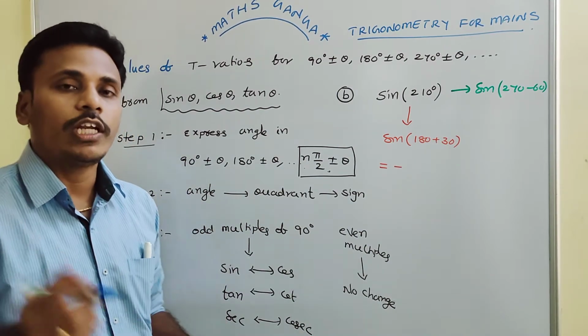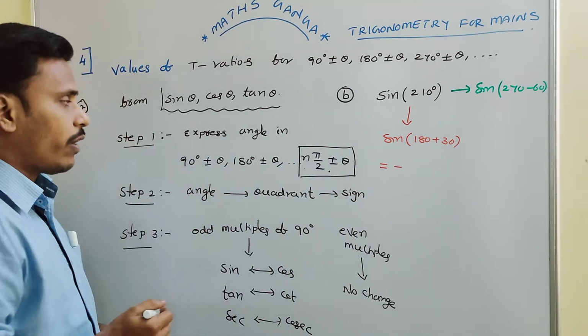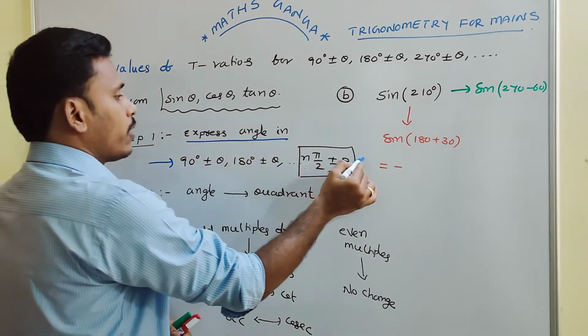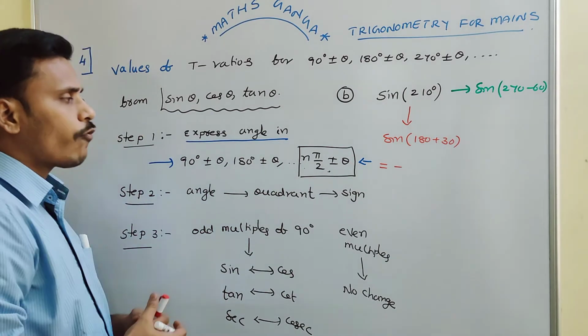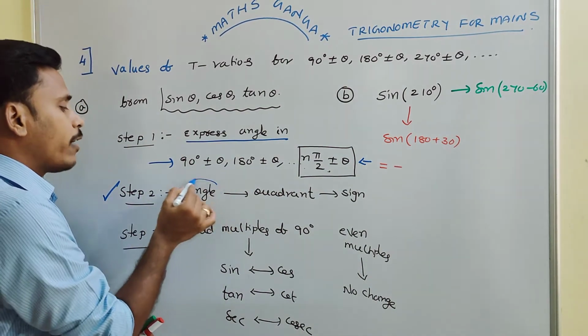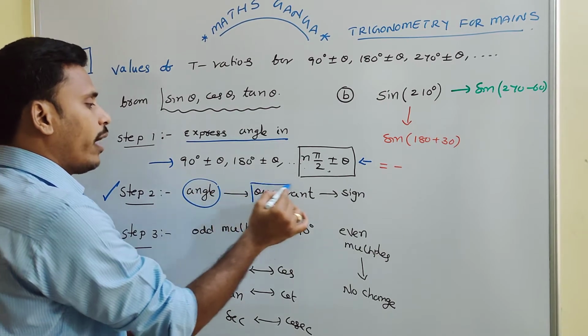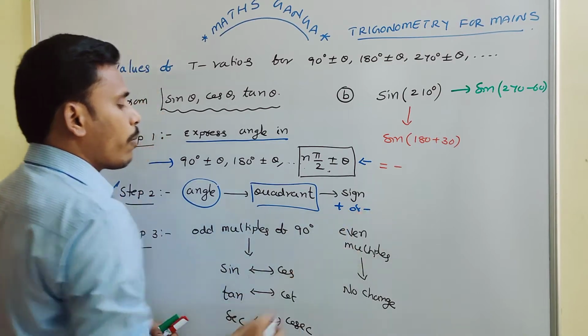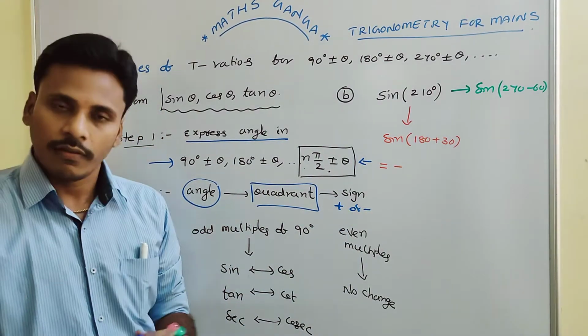To find those, we need to follow three simple steps. In the first step, you express the angle in the format: some multiple of 90 plus or minus theta. Then step 2, you identify the angle and its quadrant. From the quadrant, you identify either the plus sign or the minus sign of the trigonometric ratio.